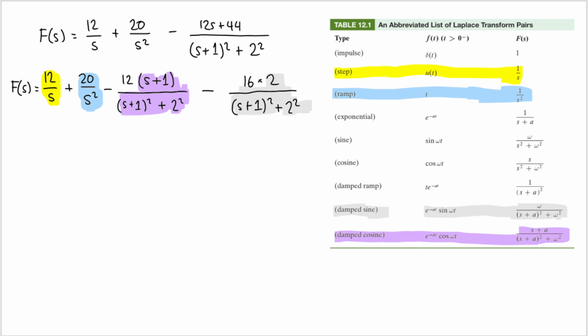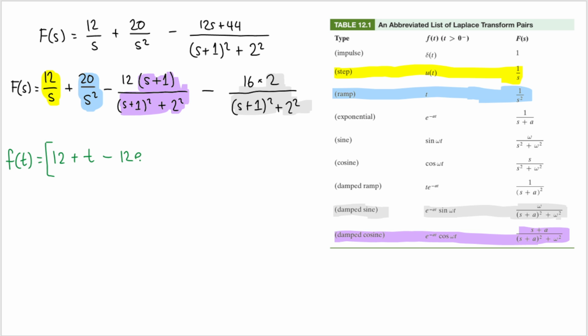Okay, now let's transform it into time domain. So we'll have ft. That will be 12 ut, but we want to put ut on the back. So we'll have 12. And then plus 20 over s squared. But 1 over s squared will become t. Okay, and then minus 12. This is the damped cosine. And a is 1. Omega is 2.